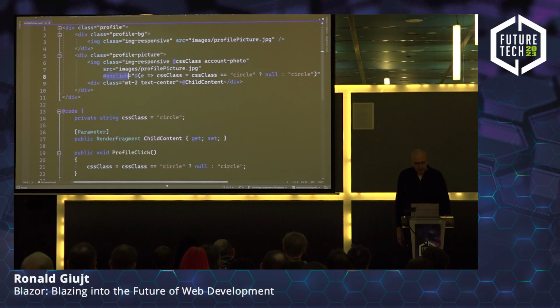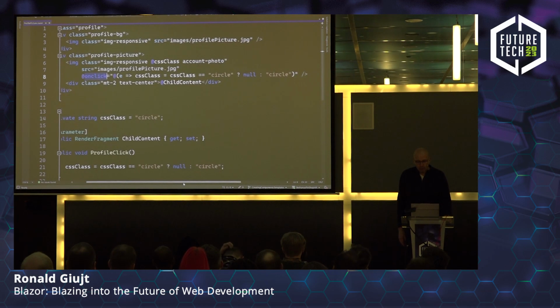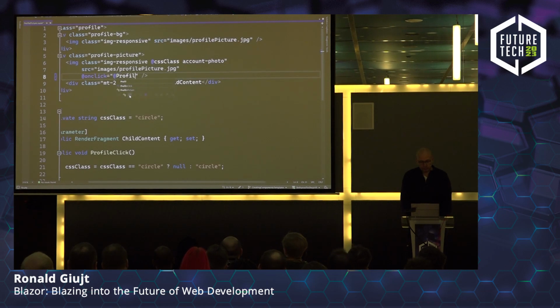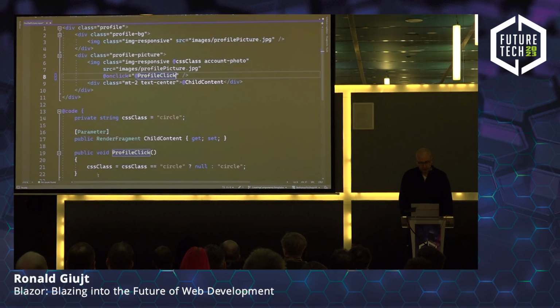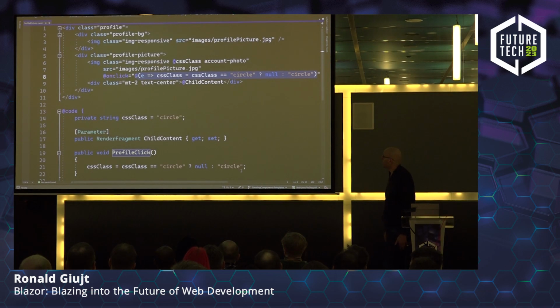And what I'm doing here is I can either put this in a lambda expression like this, but I can also just say here, ProfileClick. And ProfileClick is just a method with the same code. It's your choice, right? You can either do the quick and dirty way or use a separate method, whatever you want. So that doesn't really matter.